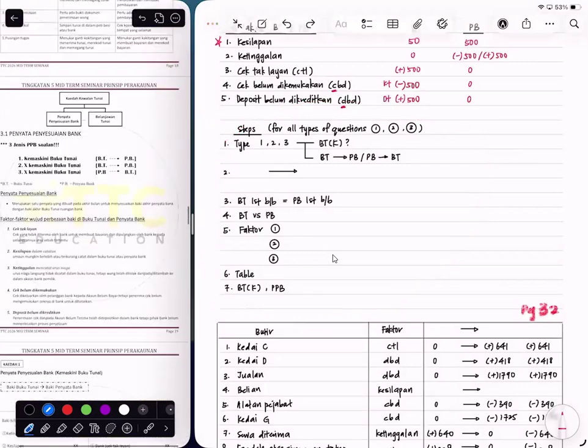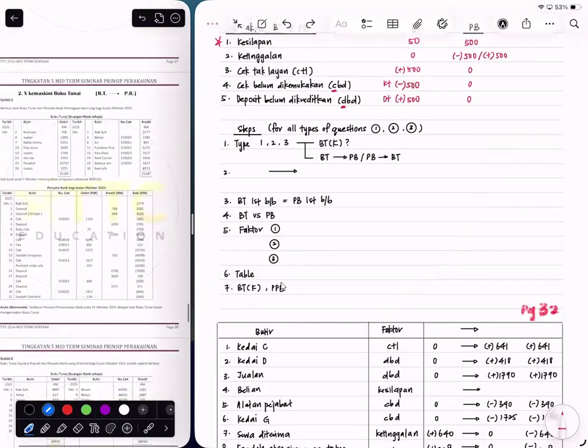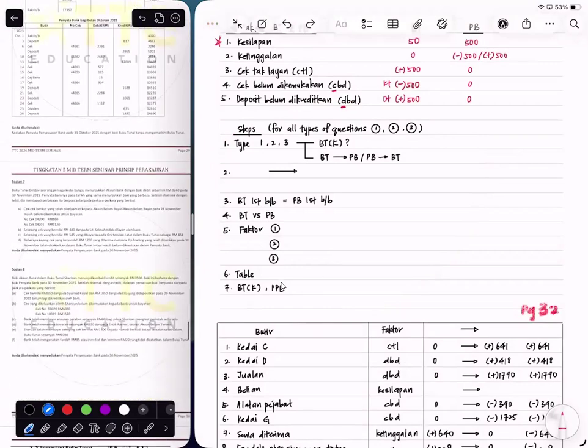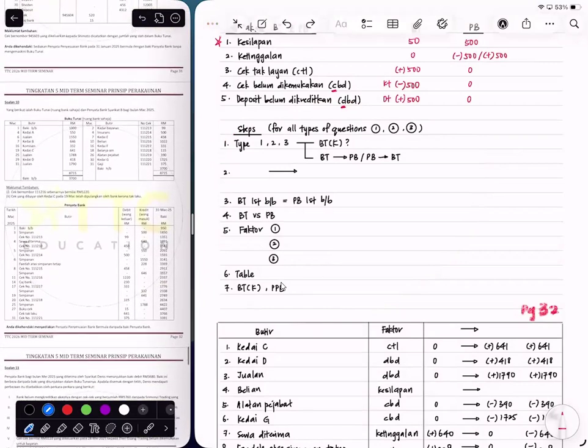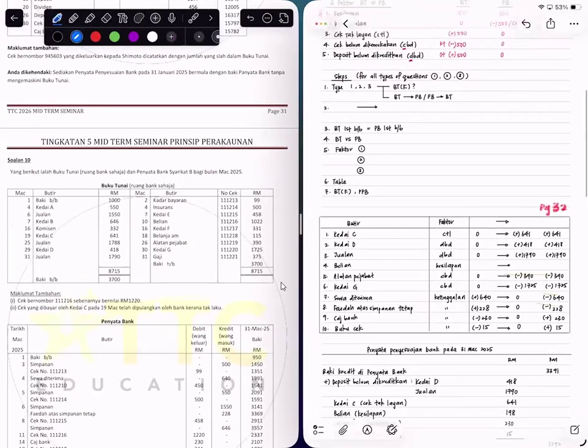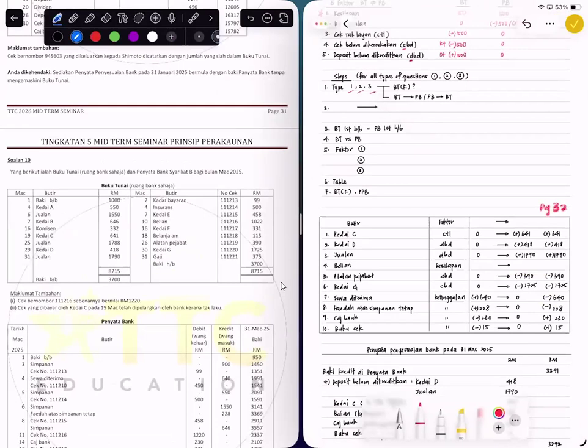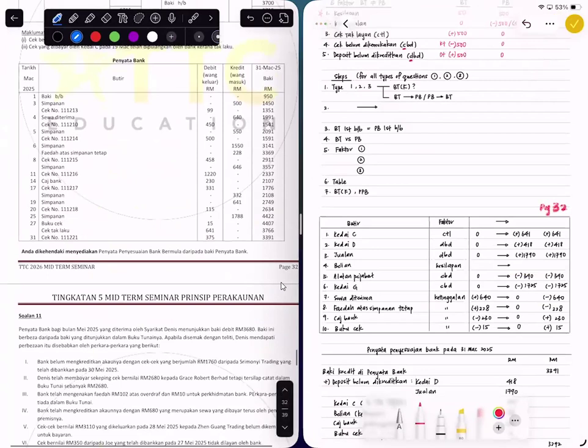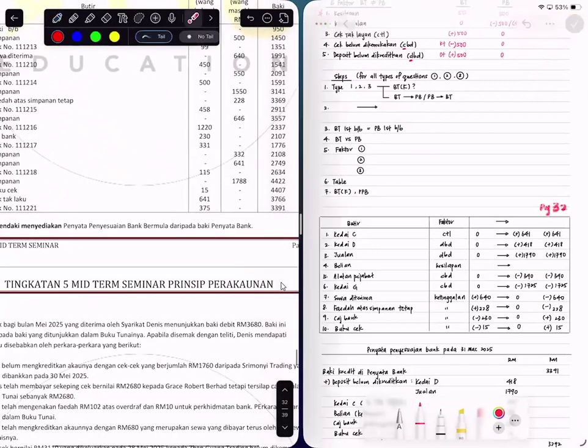Let's go to page number 32. Okay, first step, you need to find out type 1, type 2, type 3 question. How? Refer to your question requirement. For this question, they need to start "dari baki Penyata Bank".